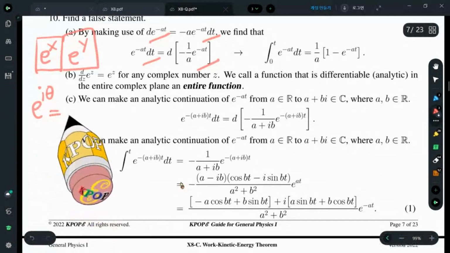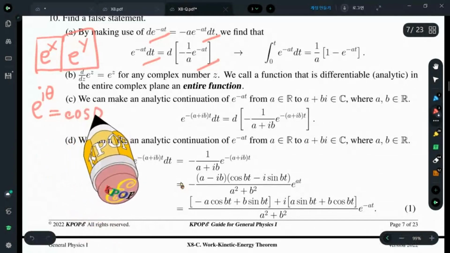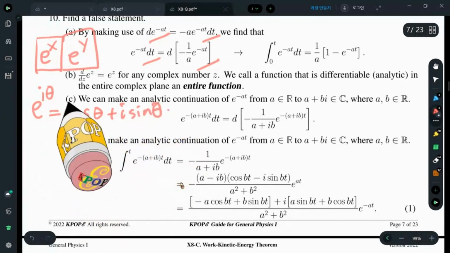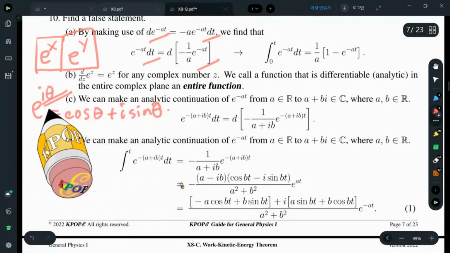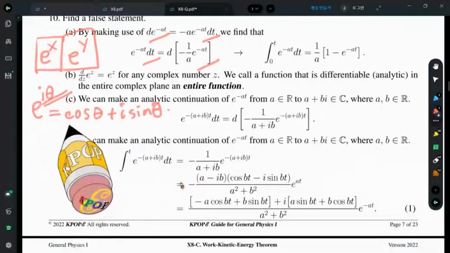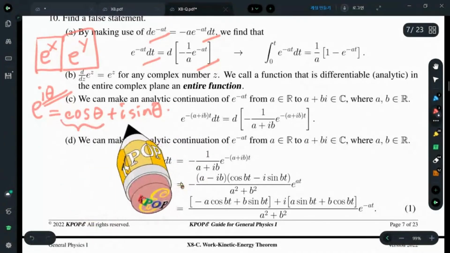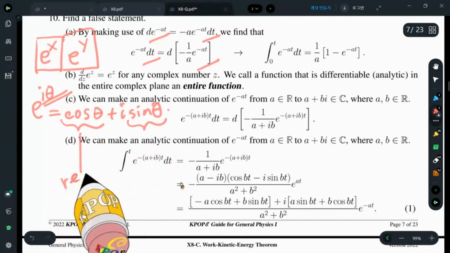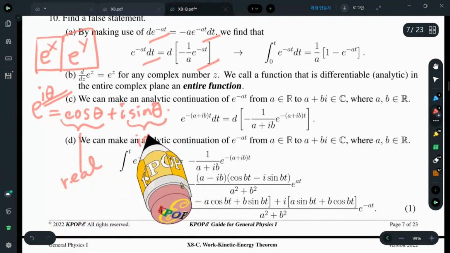And we already know that e to the i theta equals cosine theta plus i sine theta.